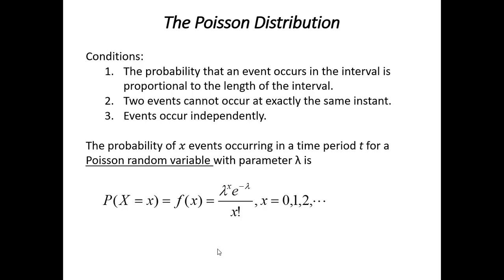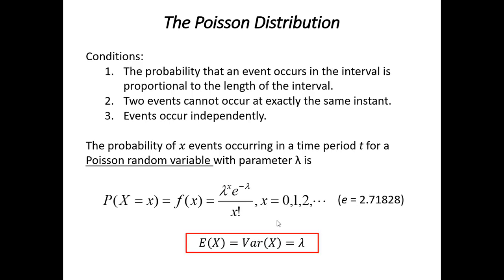And we have a nice formula to calculate these probabilities. Our formula looks like this. The probability our random variable X is equal to x is given by lambda to the x times e to the minus lambda, divided by x factorial. And this parameter lambda we can think of as the average rate of occurrence.